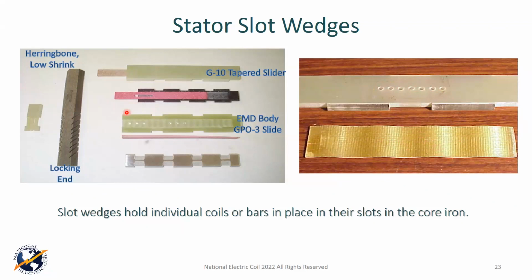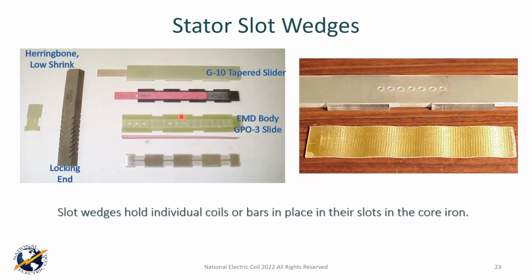Now, here are some other wedge designs you see up here. This is an end locking wedge. That's why the herringbone design: you'd be pushing it in this direction, and then the herringbone keeps it from wanting to come out. This just looks like low shrink black canvas in this particular picture. A lot of these over here are epoxy glass laminate, whether it's G10 or G11. G10 is pretty common.